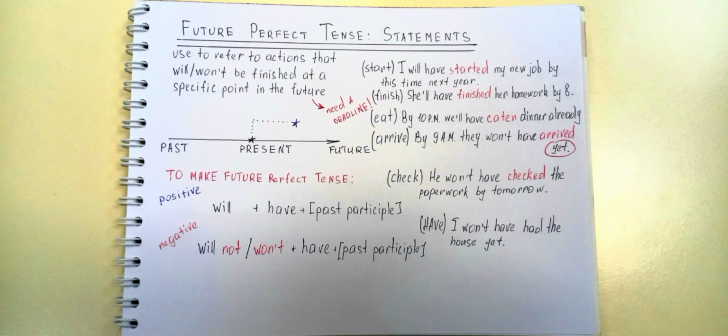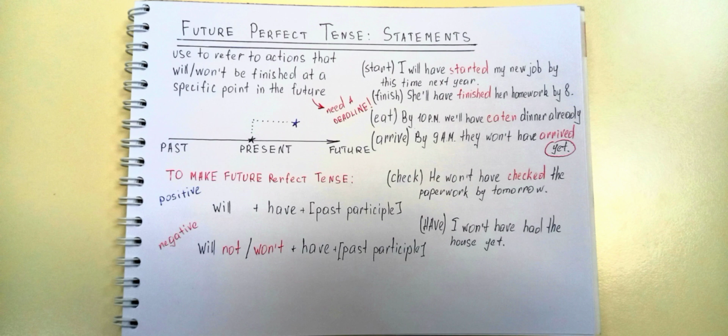That means probably some point in the future they are going to arrive. But by this deadline, by this point in time, they will not have arrived. So in this period before 9 a.m., they will not have arrived. So that means that probably sometime in the future, they will arrive.